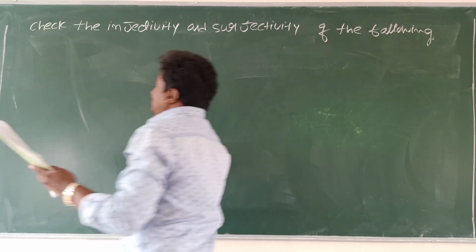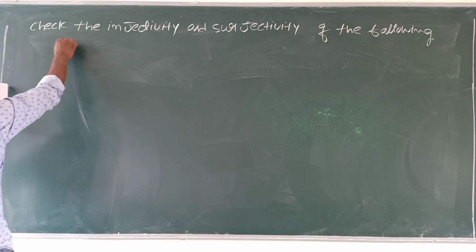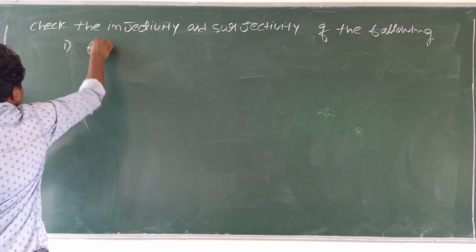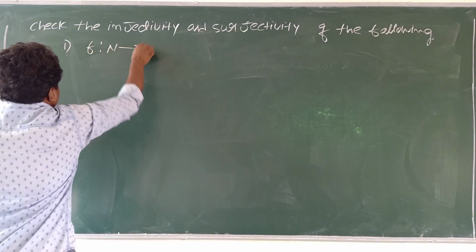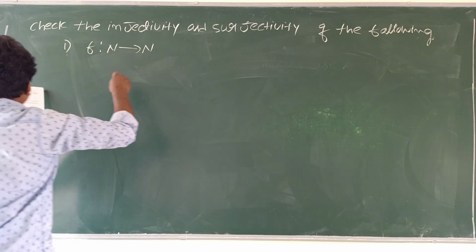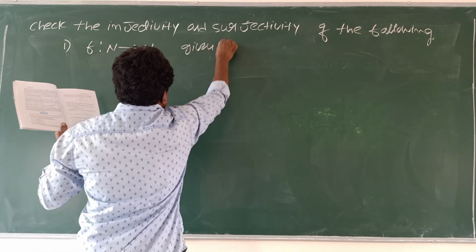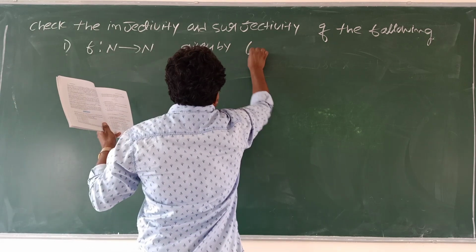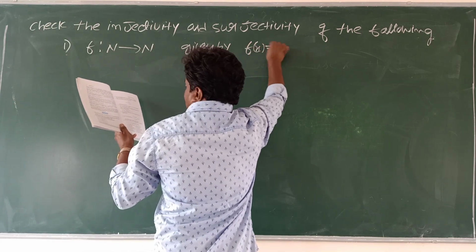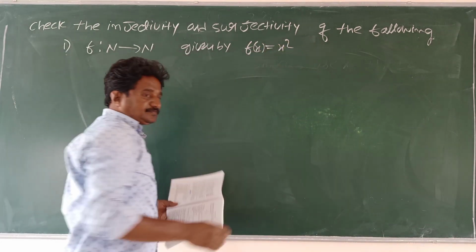First question is that f from N to N, naturals to naturals, given by f(x) equals x square.